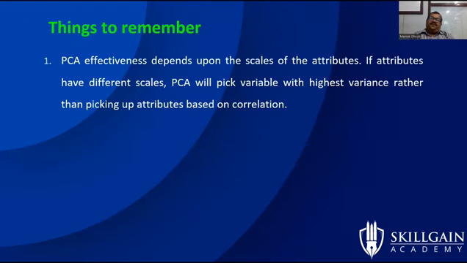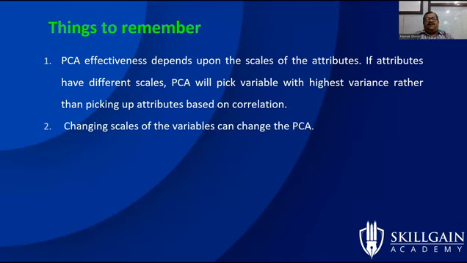But before applying PCA, we should remember some points. PCA effectiveness depends upon the scales of the attributes. If attributes have different scales, PCA will pick the variable with the highest variance rather than picking attributes based on their correlation. That we have already mentioned. Changing the scale of variation can change the PCA.